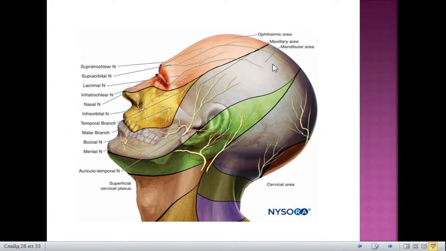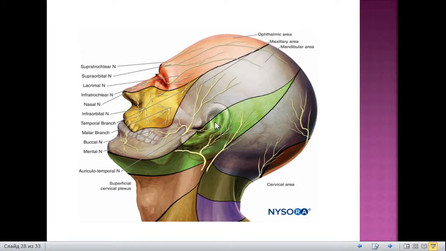The front of the head, approximately the level of the ear. So in front of the ear, it is called the cranial part, the craniofacial area of the skin. It receives nerve supply from the cranial nerves.